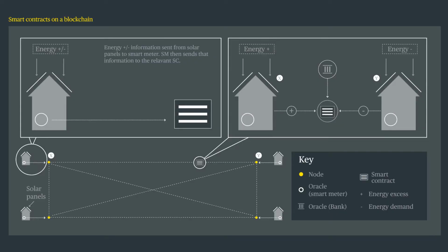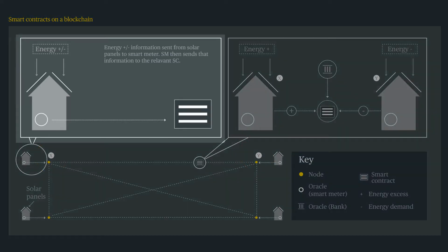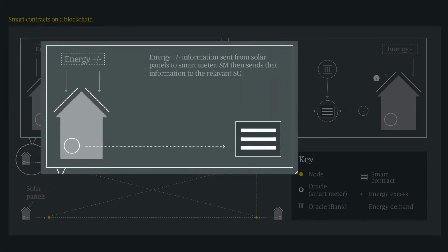Here we've got a private blockchain network between some parties. The main parties here are X and Y, and it's basically facilitating the transfer of excess energy from X, who has the excess energy, to a user Y that has an energy shortfall. And the smart contract's being deployed on that private blockchain based on if-then conditionals.